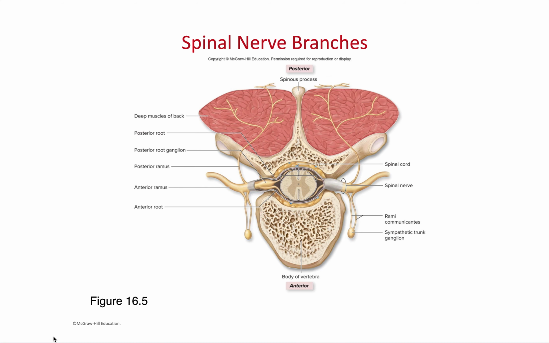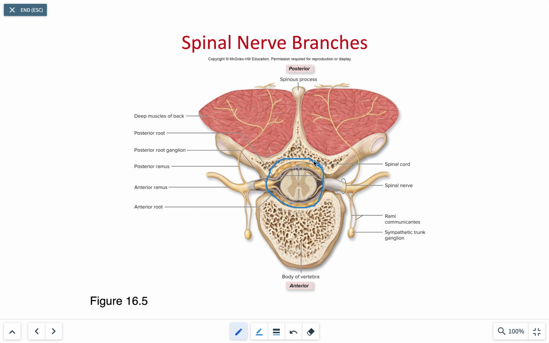And finally what we see is just a transverse view. Here we have all of the different components of the meninges, and you can see it at roughly about this level. I'll clear this out. As soon as we see the nerve exiting, this is where we get the term spinal nerve or mixed nerve. Once it exits out, mixed nerve means that it contains both sensory and motor neurons, and it's going to have the different components.